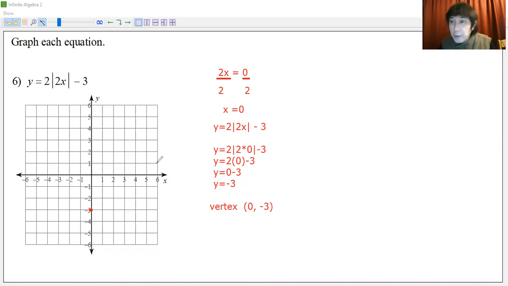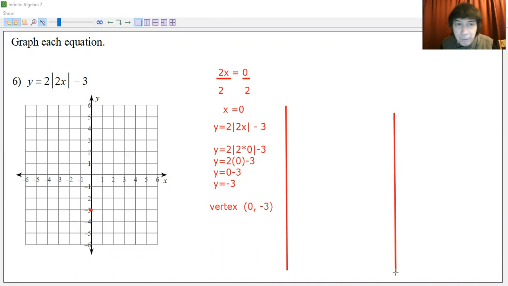Now we need 2 points to the left and to the right of 0. We shall make use of the spaces at the right side, and we shall choose our values. Let's say we use 2 units to the right of 0. Will that be good? If it's 2, then let me approximate. That's 4 and 2, 8, 8 minus 3, that looks like a 5.